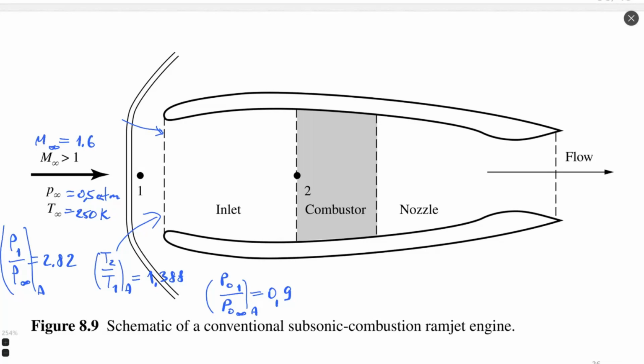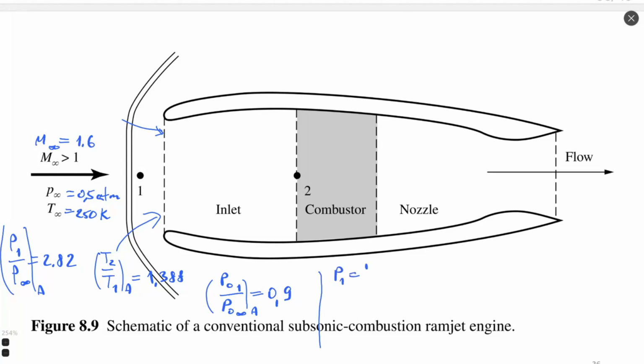Okay, I took these parameters from appendix A. Now I will use them to calculate properties at point 1. Pressure 1. Not so nice to calculate on top, so maybe I will calculate after.